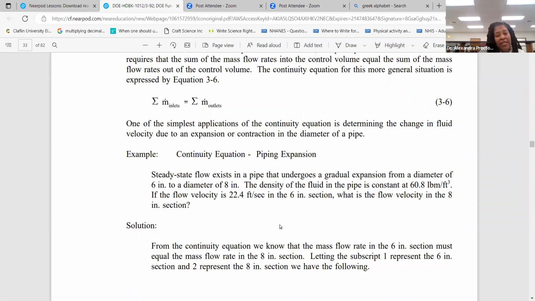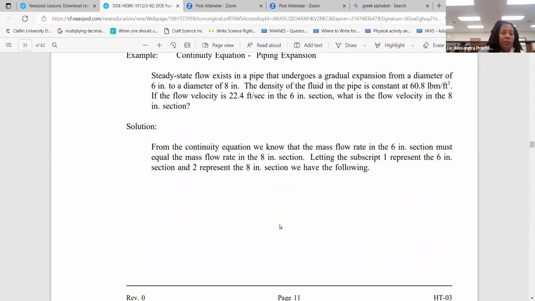If the flow velocity is 22.4 feet per second in the 6-inch section, what is the flow velocity in the 8-inch section? In order to solve this problem, you need to use the continuity equation. And so you know that the mass flow rate in the 6-inch section must be equal to the mass flow rate in the 8-inch section.